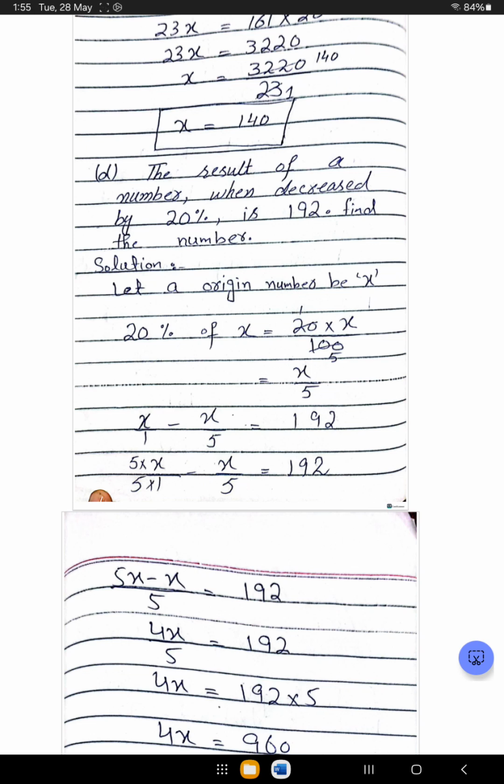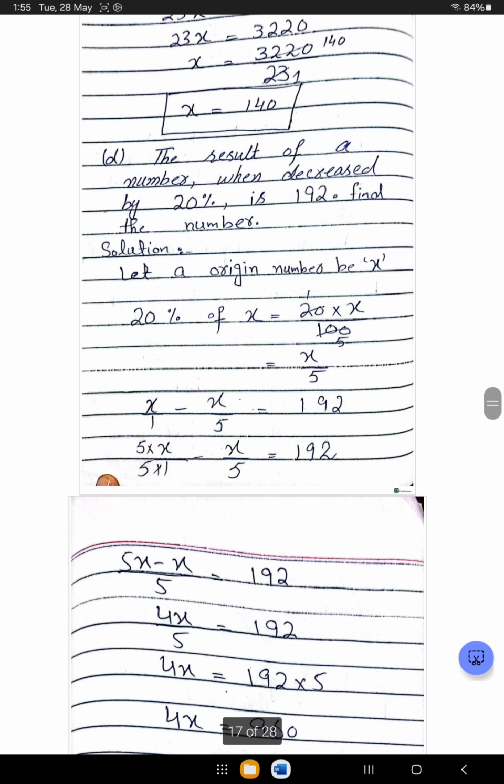Our original value is x, and the decrease is x over 5.